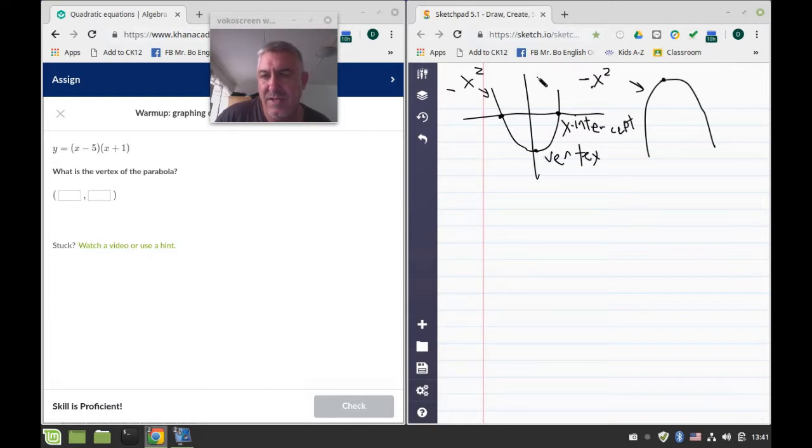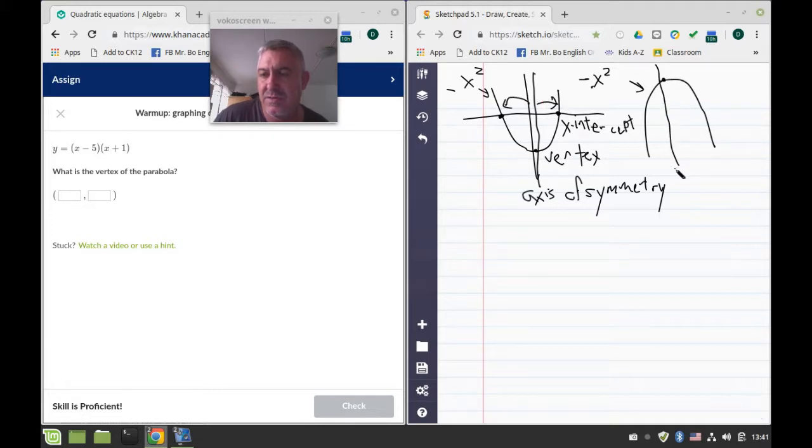And there's a vertical line that goes through the vertex that is called the axis of symmetry. Symmetry just means it's the same on both sides. So it's going to be the same on this side and the same on this side, and the distances are going to be the same.